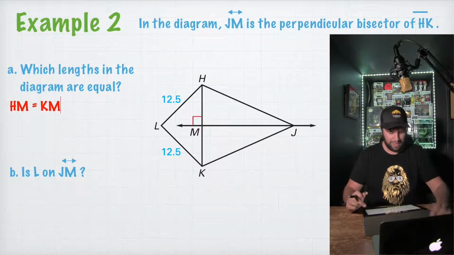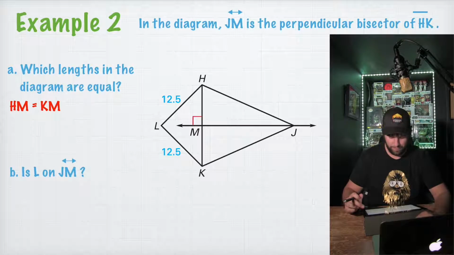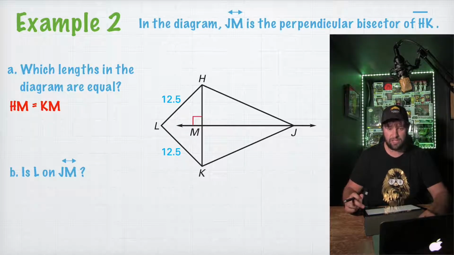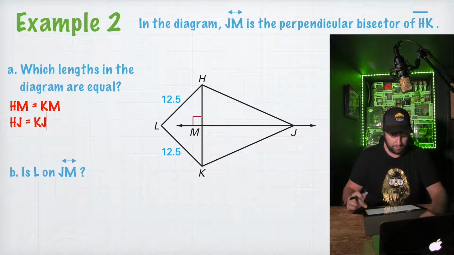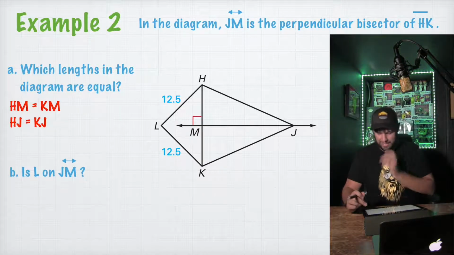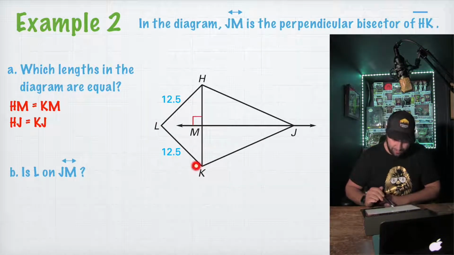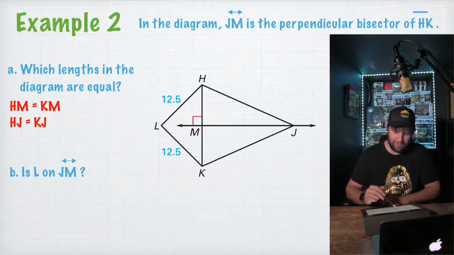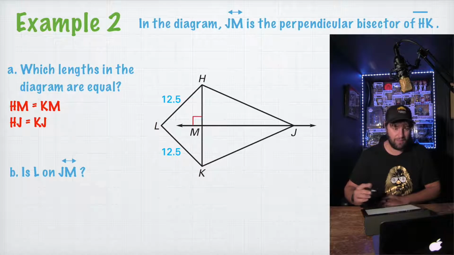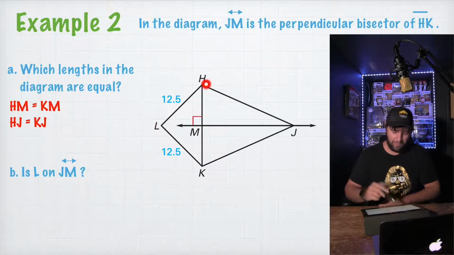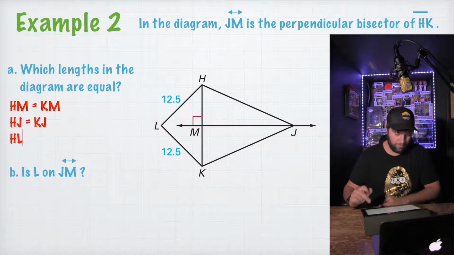It also makes JH equal to JK, or HJ equal to KJ. We also know HL is congruent to LK, or KL, because they are labeled equal.